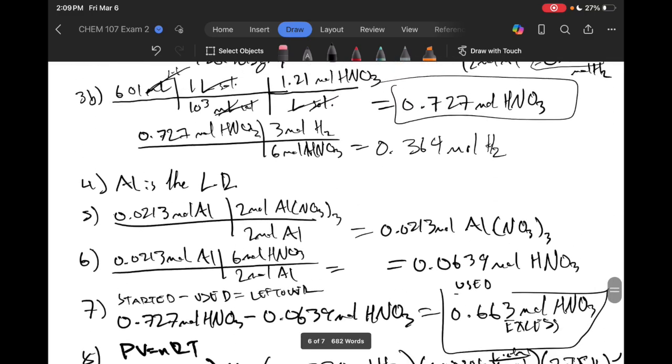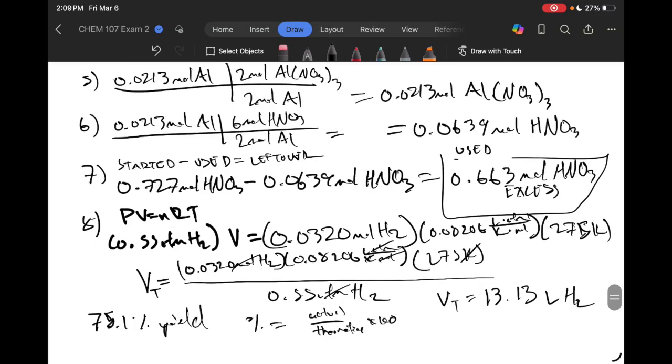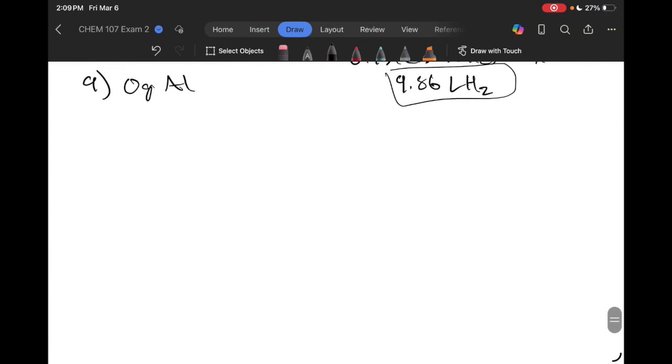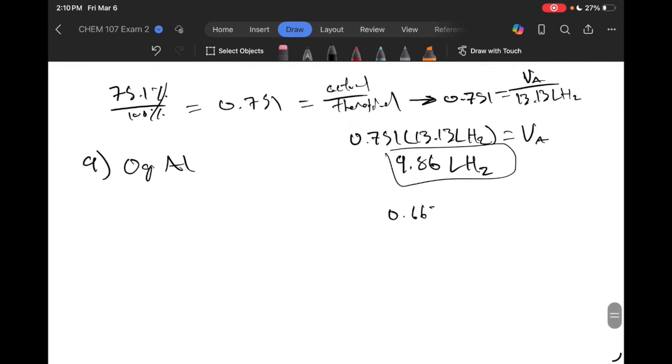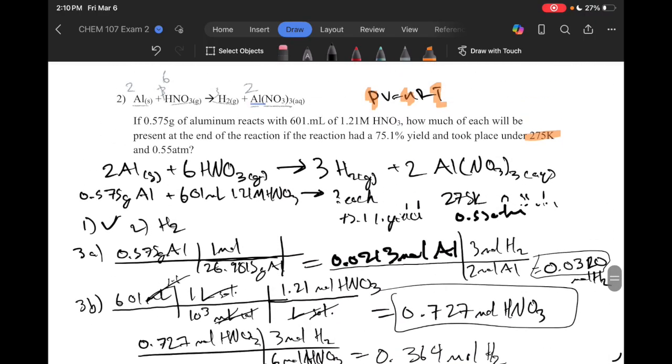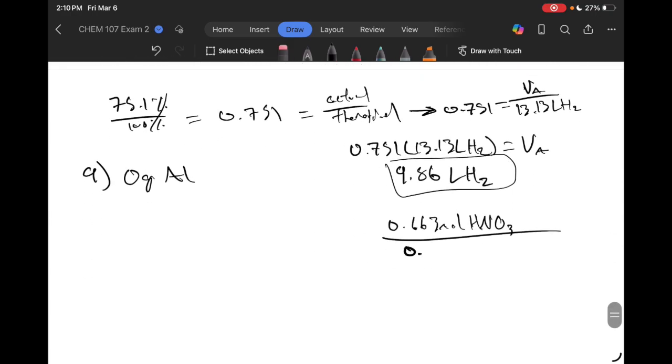HNO3 is our excess, so 0.663. Remember, it was an aqueous solution, so we need to find that in terms of molarity: moles over liters of solution. How many liters do we have? 601 milliliters, so 0.601 liters of solution.